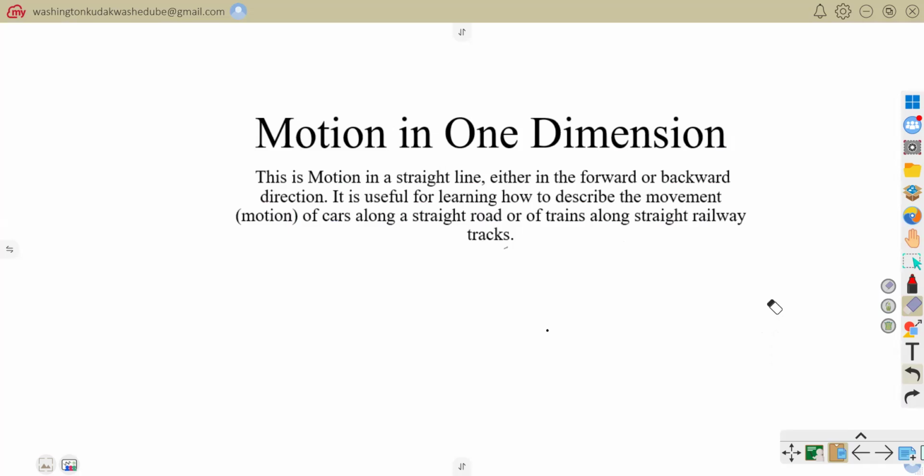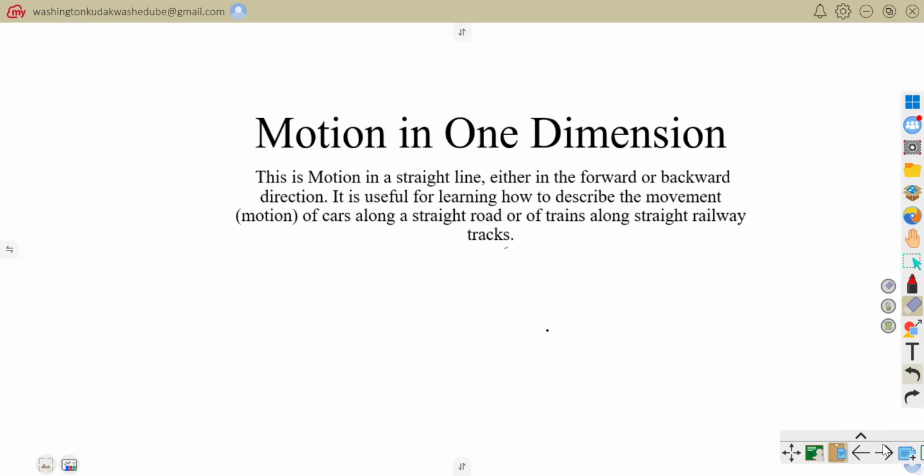So we use motion in one dimension calculations to help us understand the movement of cars along a straight road. Is it accelerating or is it moving at uniform motion?